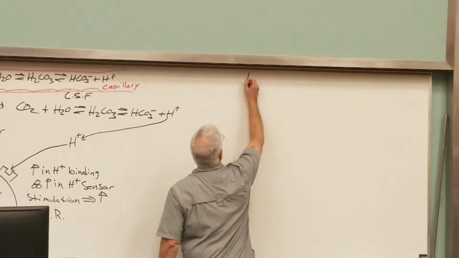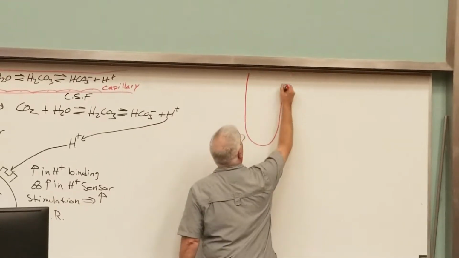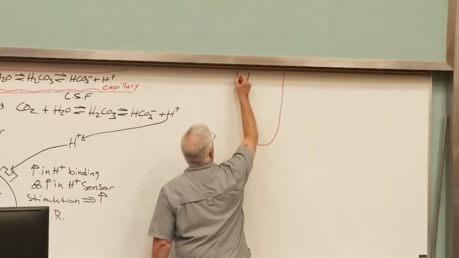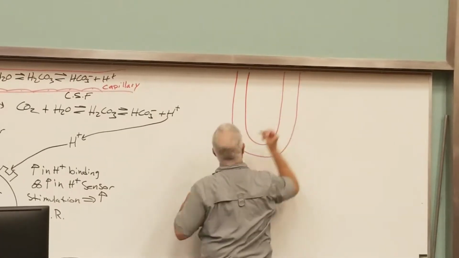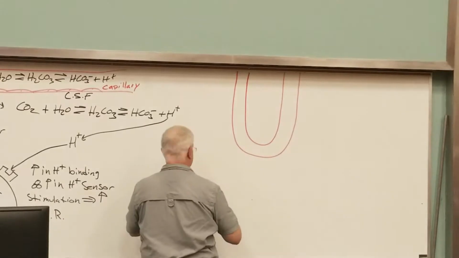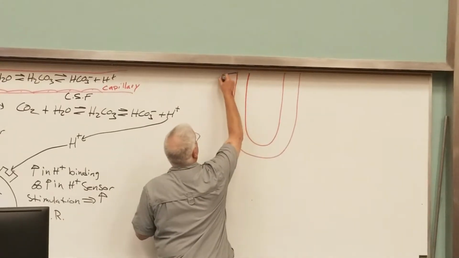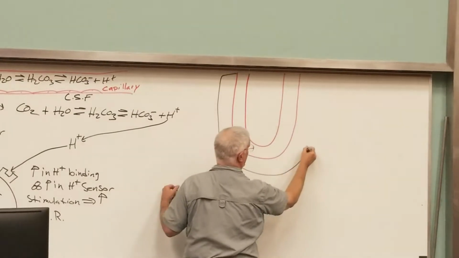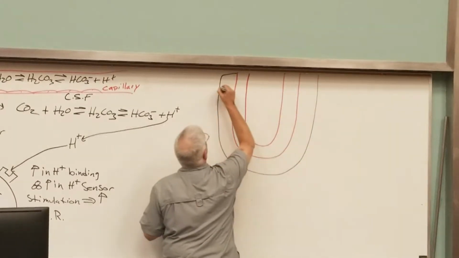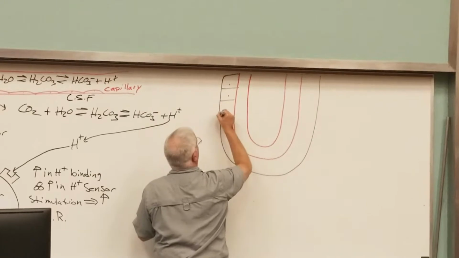So here, this is going to be the capillary of your choroid plexus. Remember, the ependymal cells surround this capillary. So we're going to draw some choroid plexus cells. They are kind of cuboidal-like in shape. And we'll just put some cells and some nuclei in here.